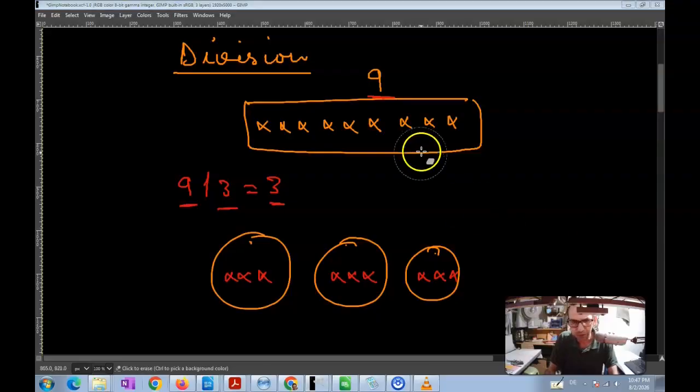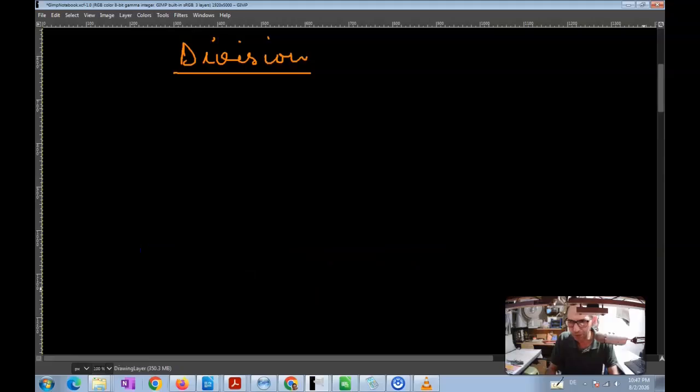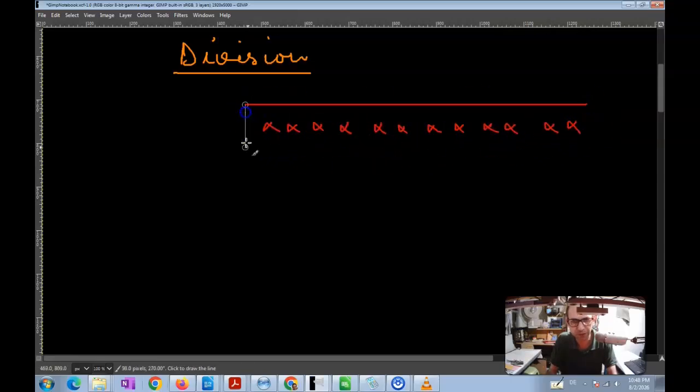So when it comes to division, suppose that I have again the same, let's make it 12 objects, for example, 2, 4, 6, 8, 10, and 12. So 2, 4, 6, 8, 10, and 12 objects we have over here.